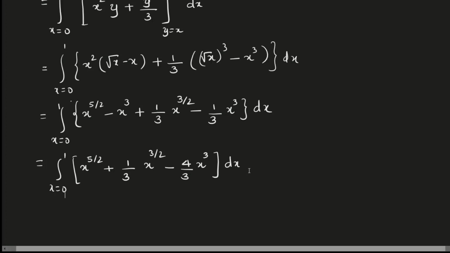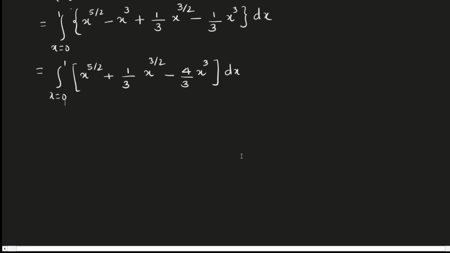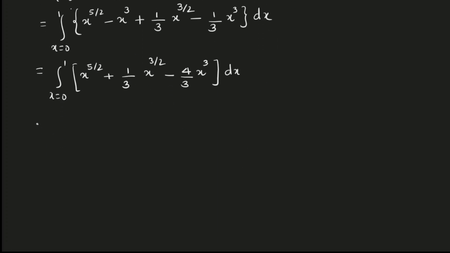Now you can integrate with respect to x. When you integrate with respect to x, x raised to 5 by 2 integration is x raised to 5 by 2 plus 1, divided by 5 by 2 plus 1, the x raised to n formula.